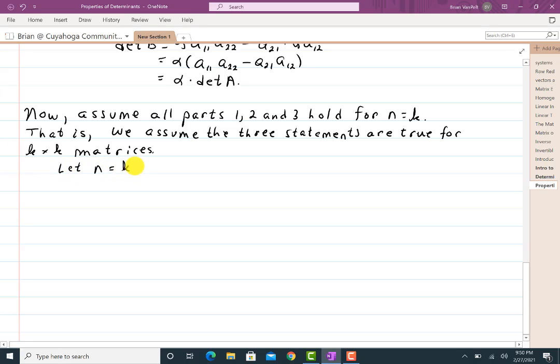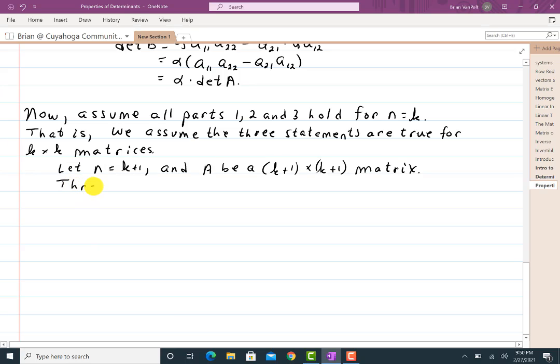Let n equals k plus 1 and A a k plus 1 by k plus 1 matrix.